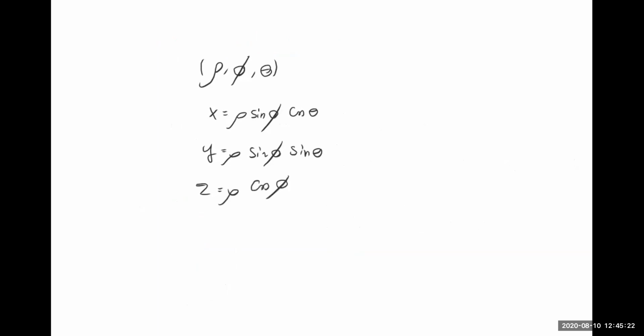So you should use these equations to change them. So for example, what would be the equation of the sphere? We had x squared plus y squared plus z squared equals 9. What would be the equation of the sphere using these equations? Well, x squared plus y squared plus z squared means the distance from the origin.